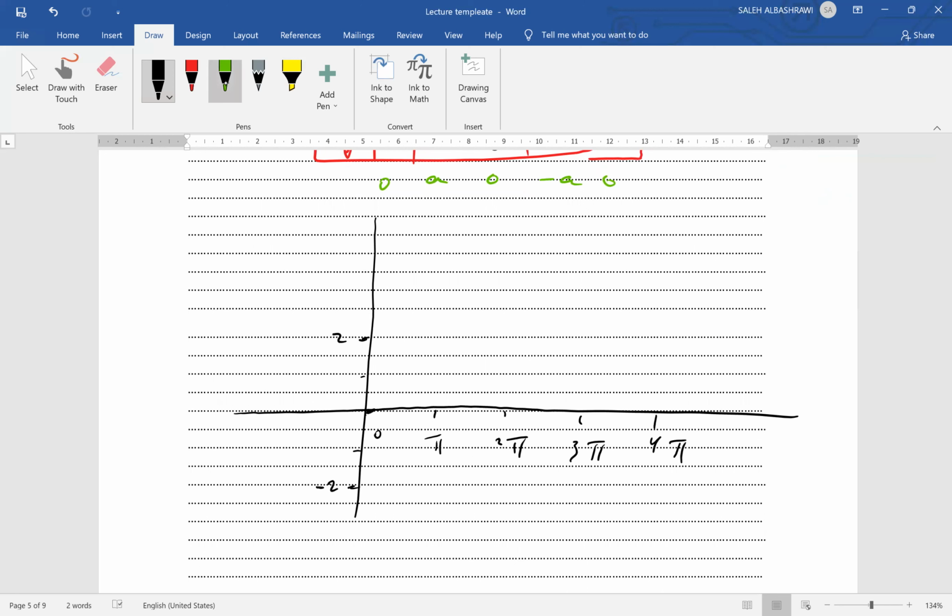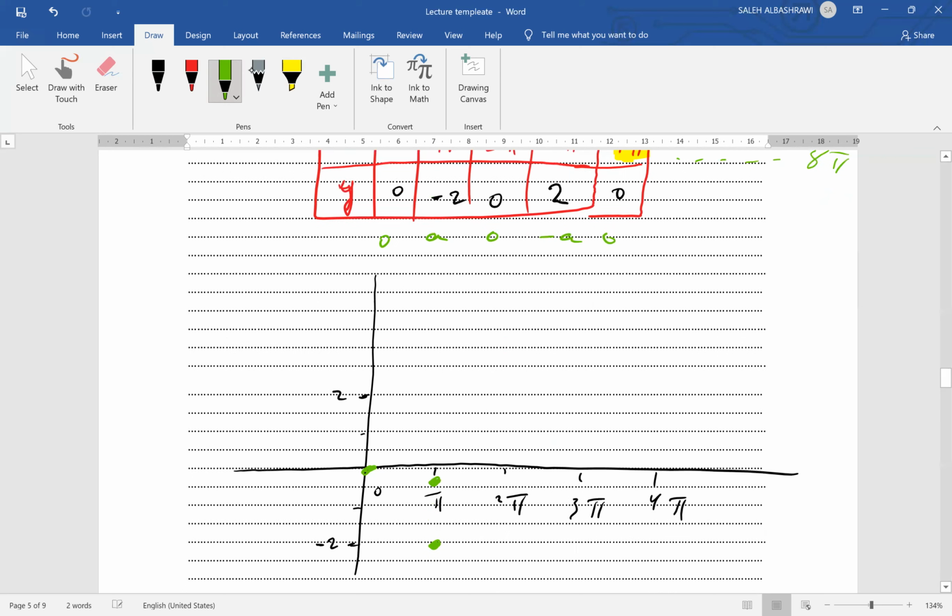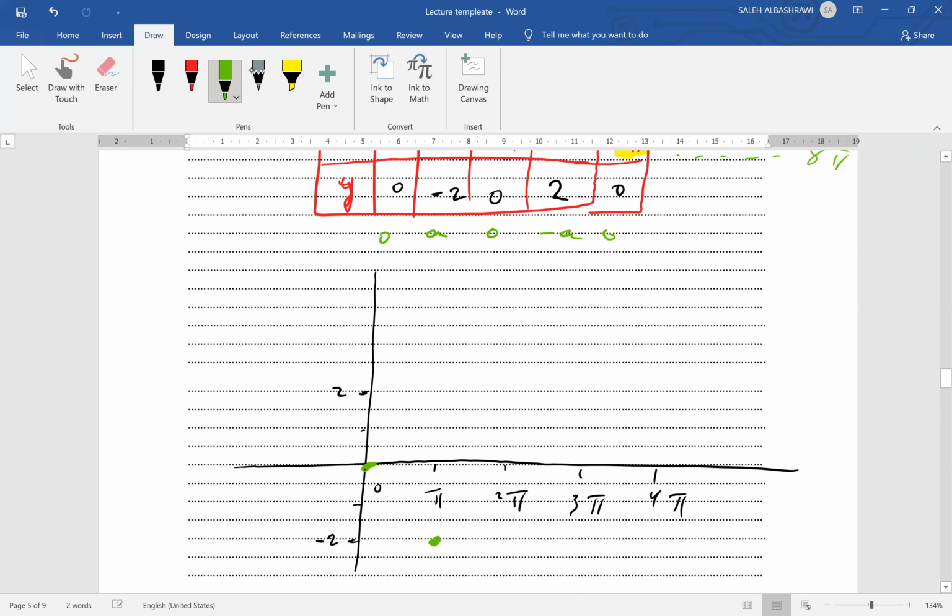And the points are 0. Then it is a. A is given to be minus 2. The point is minus 2. If it is 2 pi, I will have 0 again. Then if it is 3 pi, I will have 2 and 0.